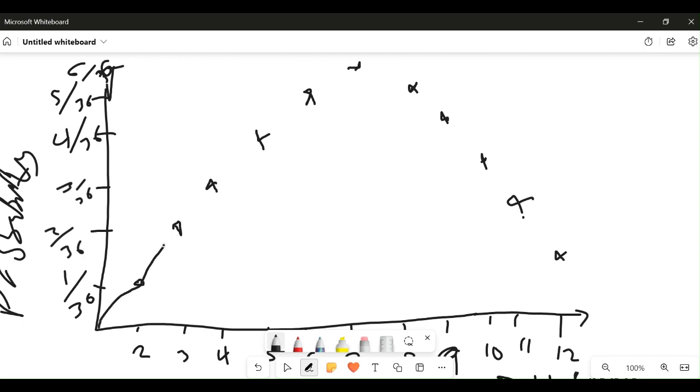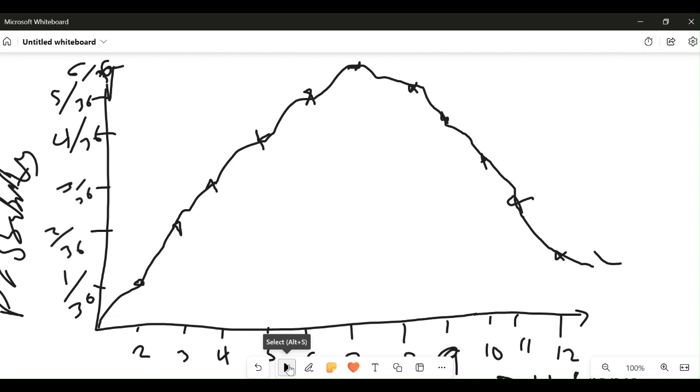When you join all these points together, what you have is a probability distribution graph.